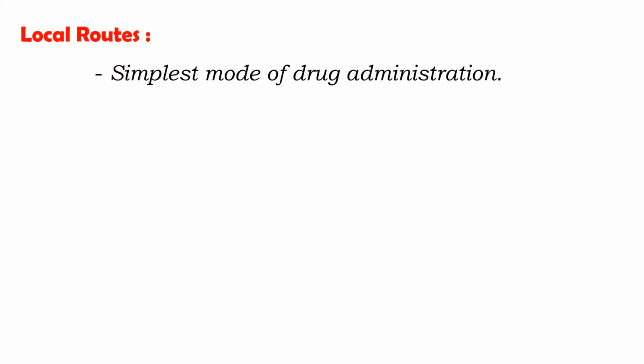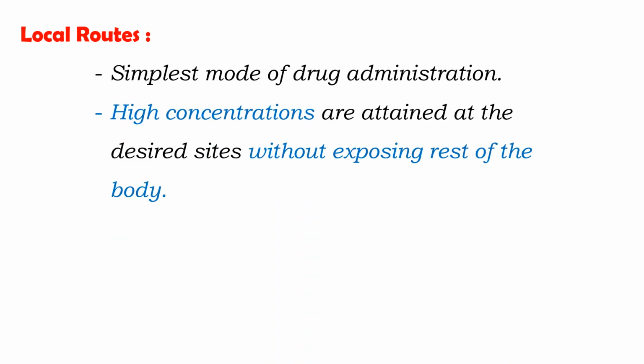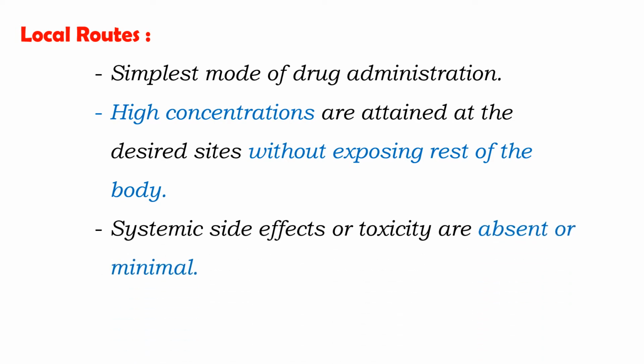First, let's look at the local routes. It is the simplest mode of drug administration. High concentration will be attained at desired sites without exposing the rest of the body, which means you can apply the drug just to the local area where you want the drug to make its effect.